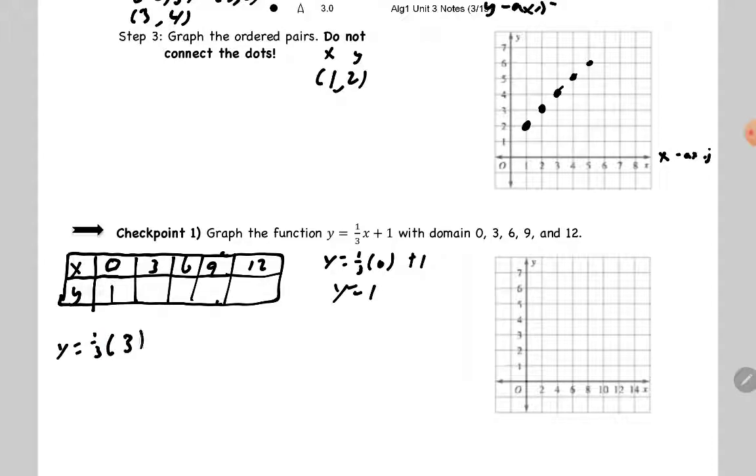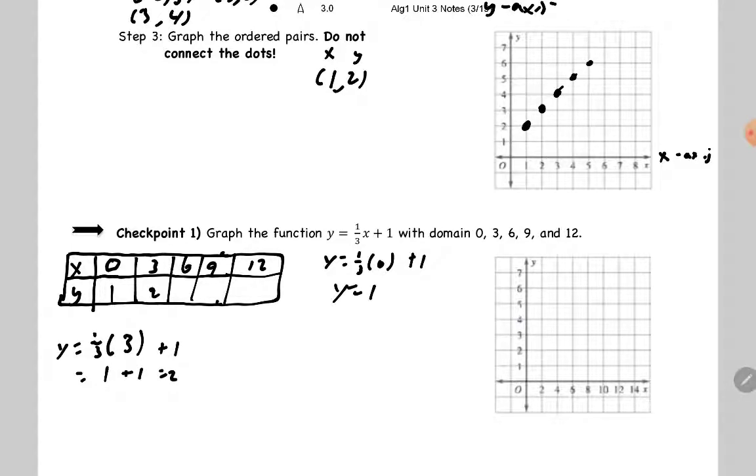Our domain is 3, right? Plugging in 3 in the equation, plus 1. So 1/3 of 3 is 1. So 1 plus 1 equals 2.